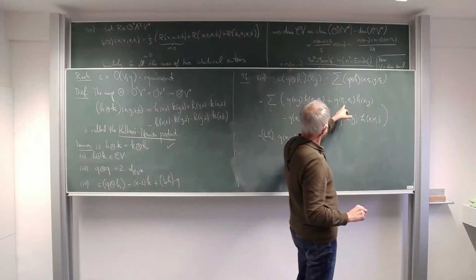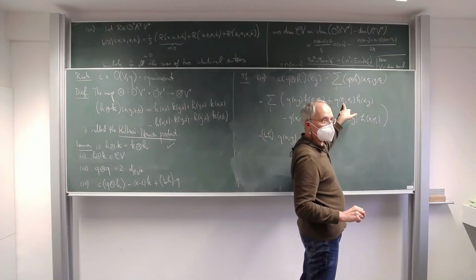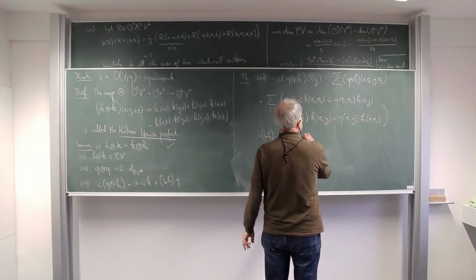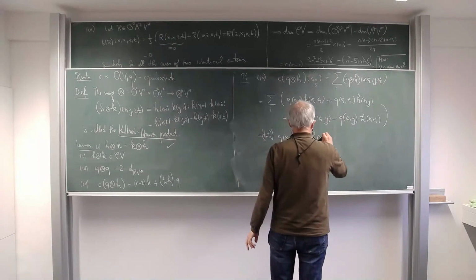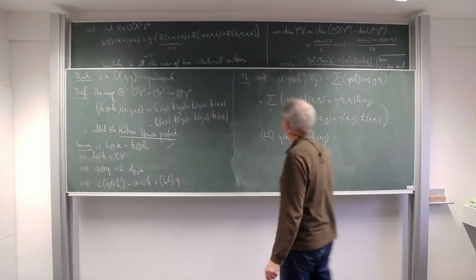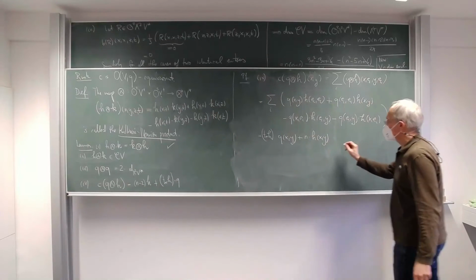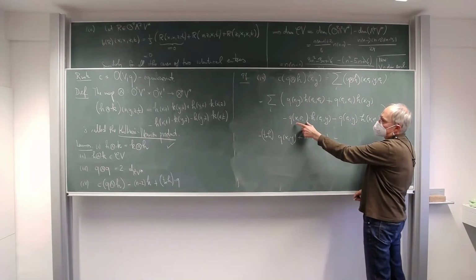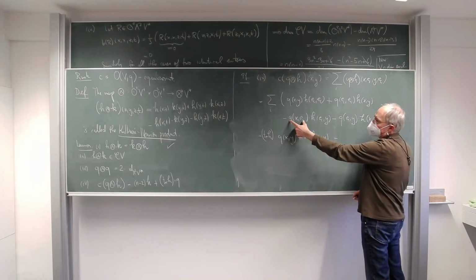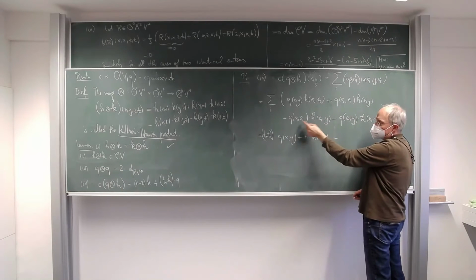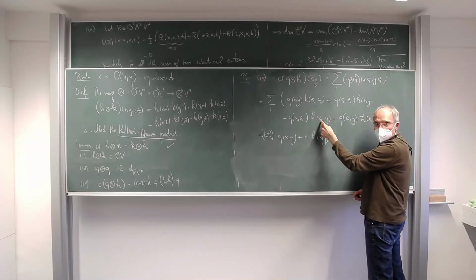Now here, if I trace the metric itself, then I just get the dimension. So this gives me n times h of x y, which is not quite what I have here, but I have two more terms. Minus, now if I look at this thing and I insert this scalar q of x, e_i into the h, then what I have here is the expansion of the vector x into this orthonormal basis.